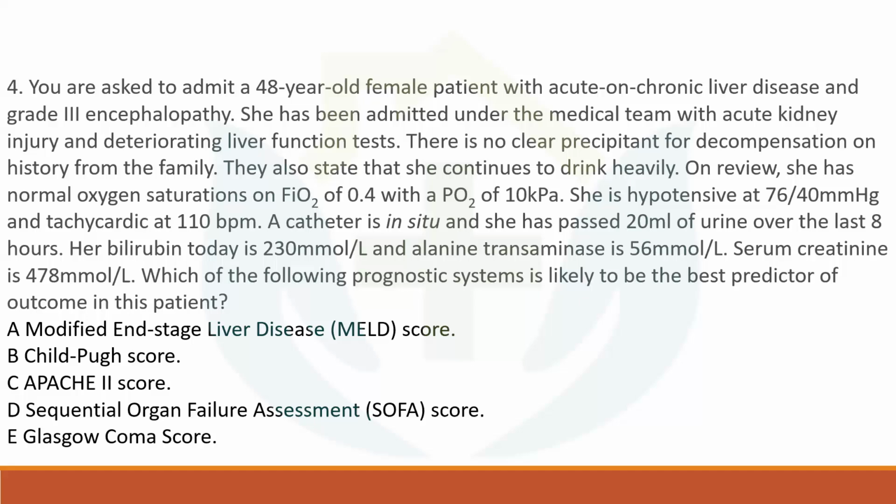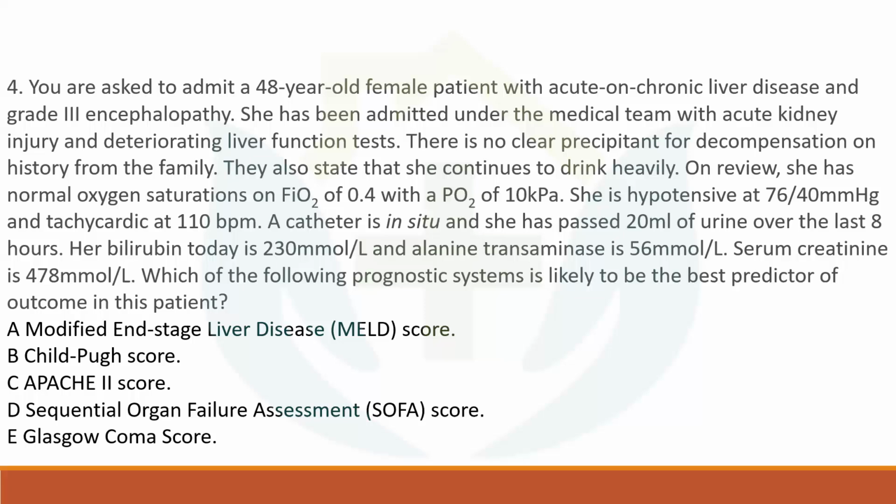In this question, the most important part of the whole story is the last line. What is the last line? Which of the following prognostic systems is likely to be the best predictor of outcome of this patient? So it is not asking you about the liver.